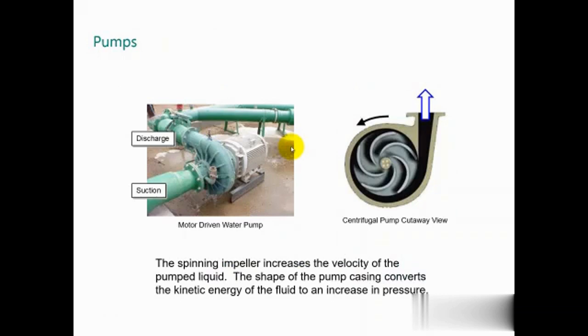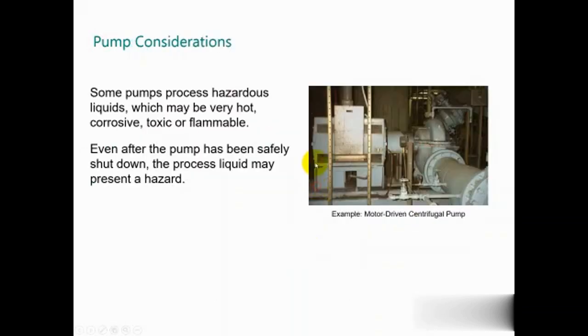Pumps. The objective of pumps is to increase the pressure of liquids. Most of the pumps are centrifugal. In this case, it is a small overhung pump with an electric motor. But there are hazards from the pumps. You can have toxic, very hot, corrosive, or flammable liquids. Even when the pump is stopped, the lines can contain these hazardous liquids.